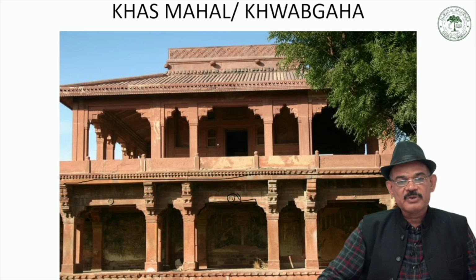The orientation of the second story is exactly the same as the lower story, but here the pillars have been changed. The upper story is also embellished with dropping eaves, but these dropping eaves are not supported by brackets as at the edge of the lower building.